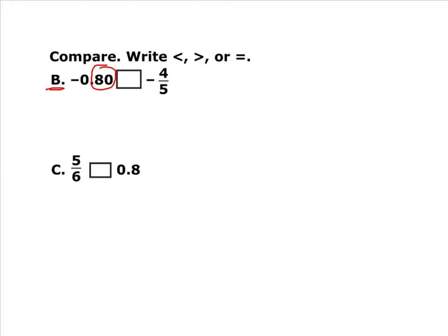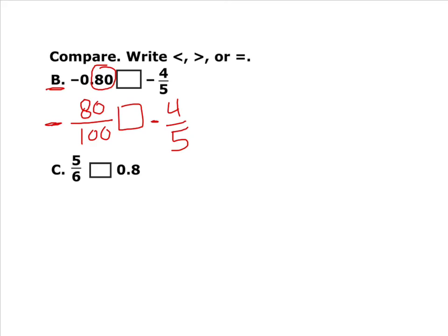We'd have to identify what place value it's in, which is the 100ths place, so this fraction would be 80 over 100, is greater than, less than, or equal to 4/5. Now, don't forget about your negatives, because I need to put those back on here, because those are important.